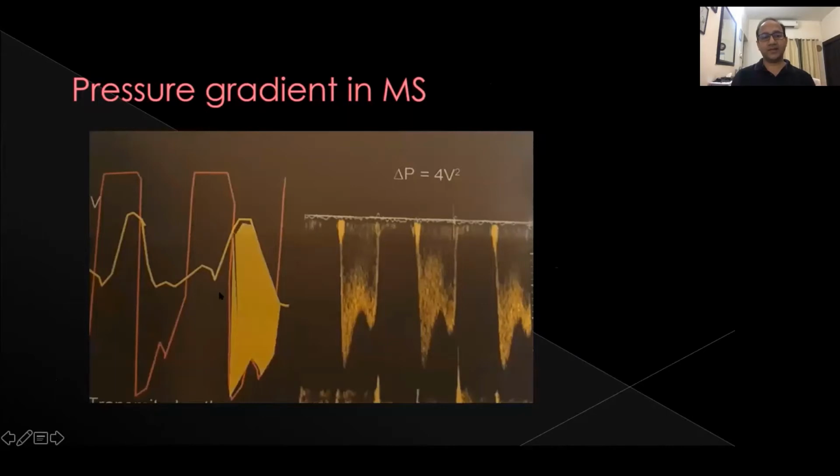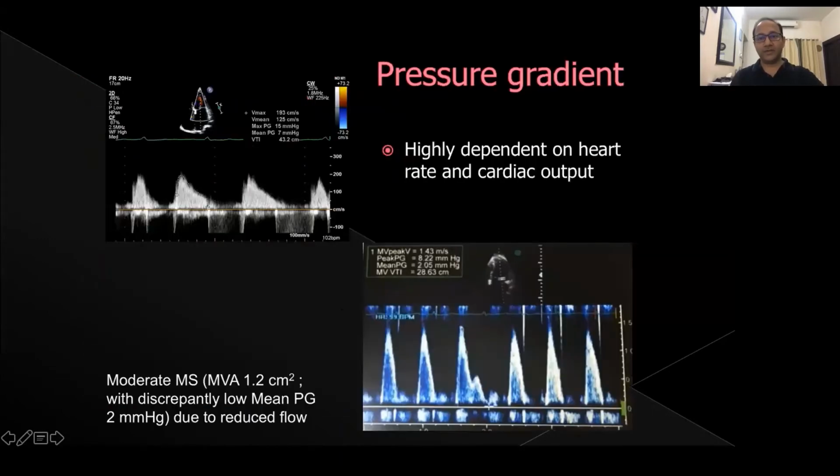This is during diastole, you have an E and an A wave, and this entire area under the curve used to give you the gradient by the cath data, and this is replicated in echo continuous wave Doppler image, very similar to what you get in cath. And then you can derive the pressure gradients.